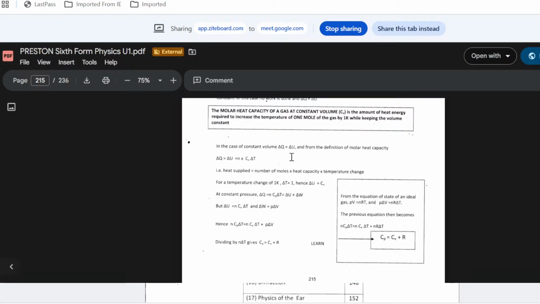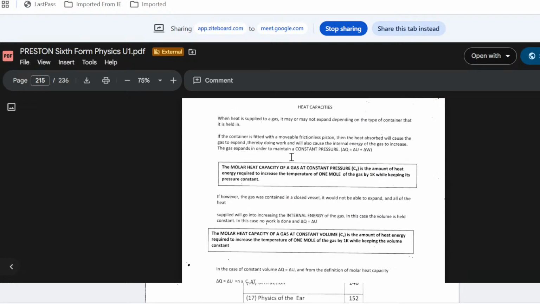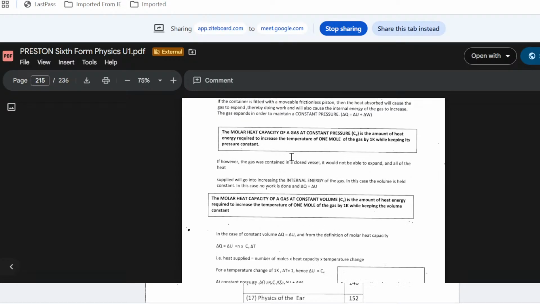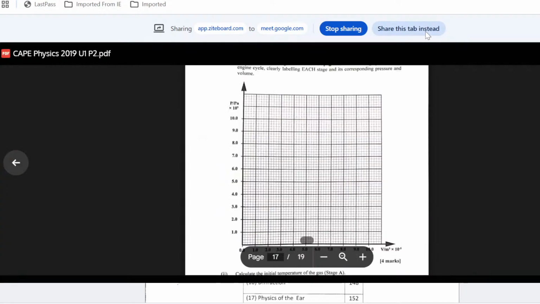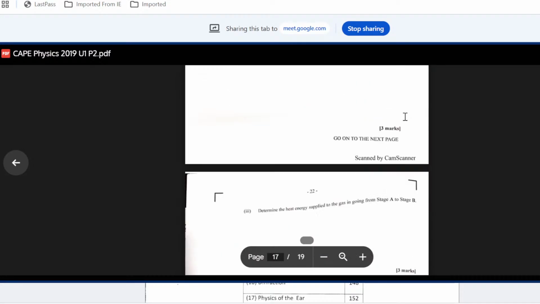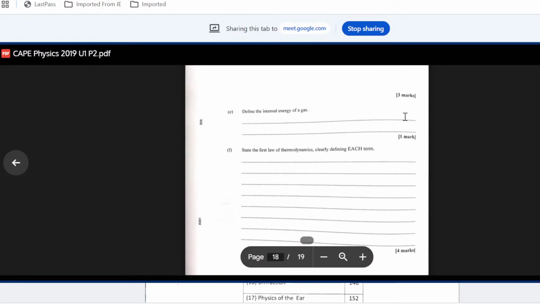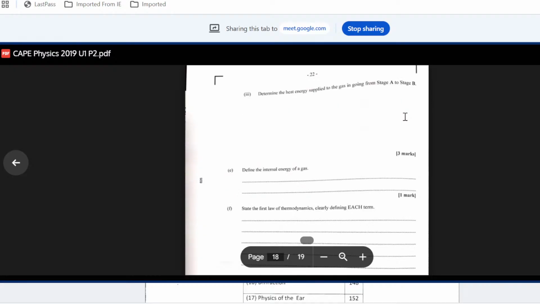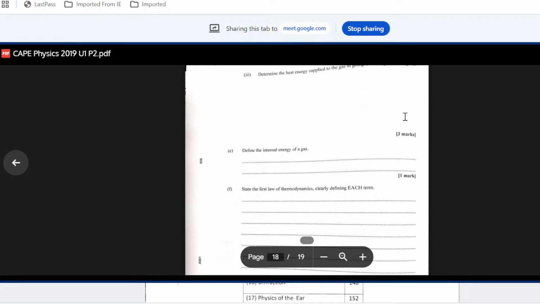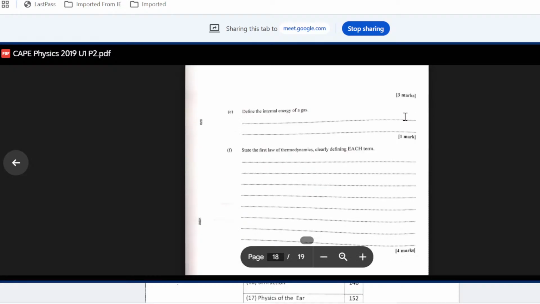CV delta T. Alright. Alright, define internal energy of a gas.